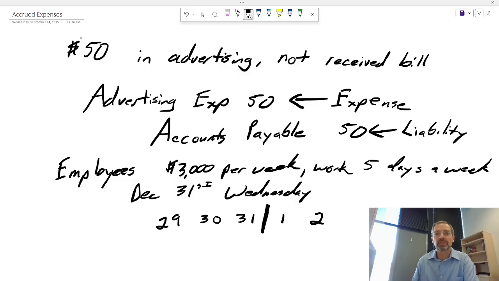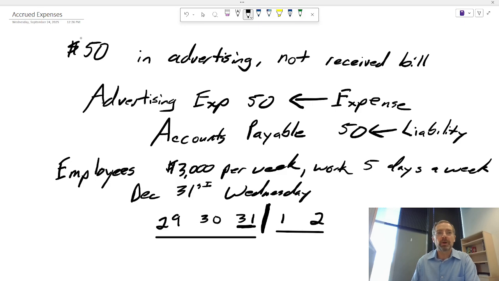Here's our cutoff. We are trying to make our balance sheet and our income statement as of December 31st. So here's the trick. We need to make sure we include everything for these 3 days, the 29th through the 31st. That has to be included on the financial statements, but we cannot include anything on the 1st or the 2nd.